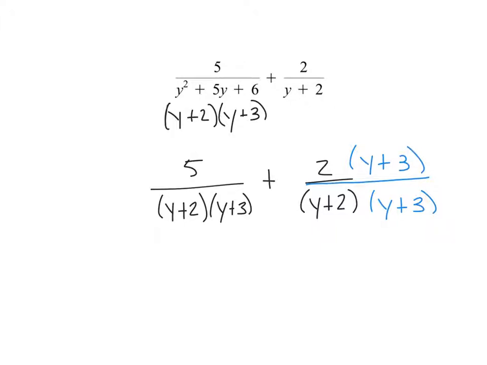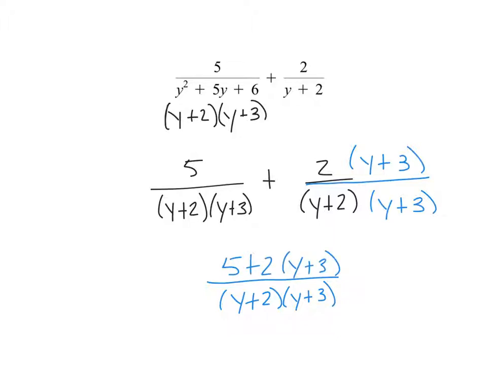So now that the bottoms are completely the same, I can bring my fractions together as one, writing the denominator once because they have a common denominator. I'm going to rewrite the tops together on the top, which is the numerator of the fraction. I'm going to distribute the 2 and try to simplify my fraction.